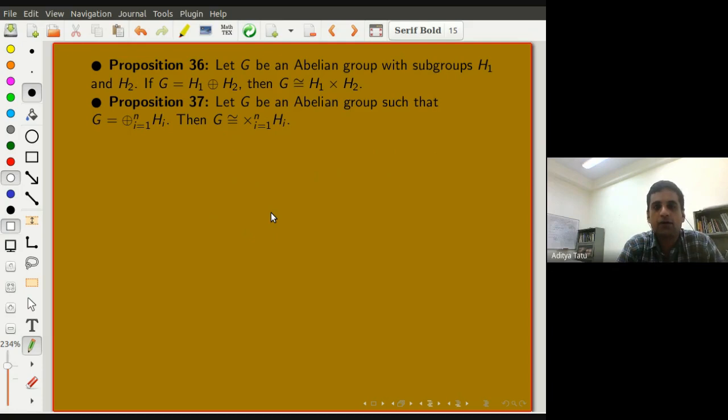The same thing can also be done for more than two elements. If G is an abelian group such that G is a direct sum of n subgroups, then G is isomorphic to the Cartesian product of those n subgroups also. And the proof again is trivial.